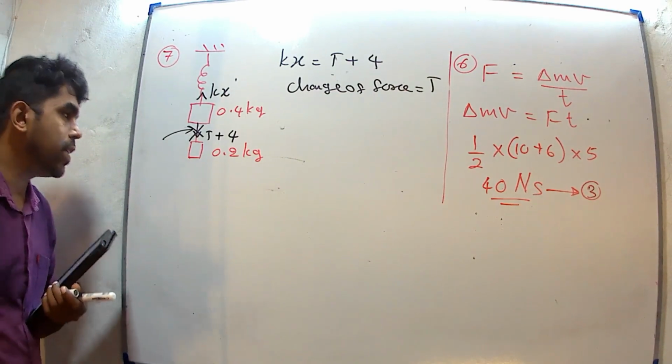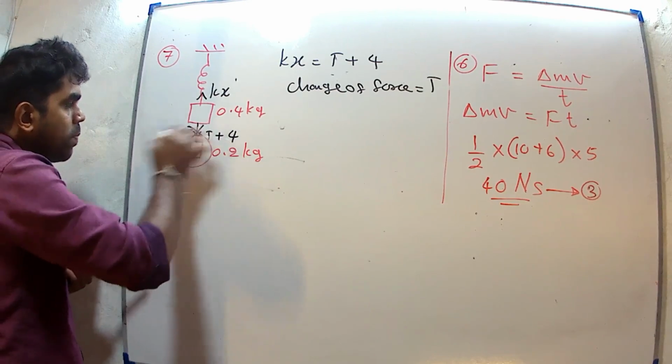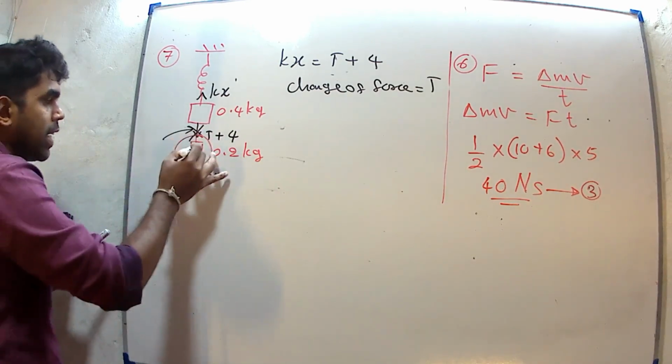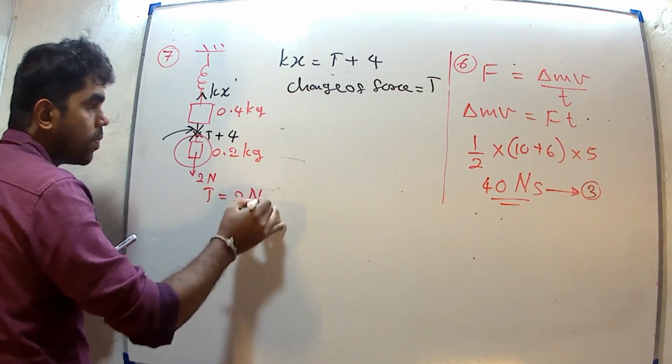But we know that for the first situation, when considering this object, tension should be equal to T Newton. For this object, upward force tension should be equal to downward force, 2 Newton.